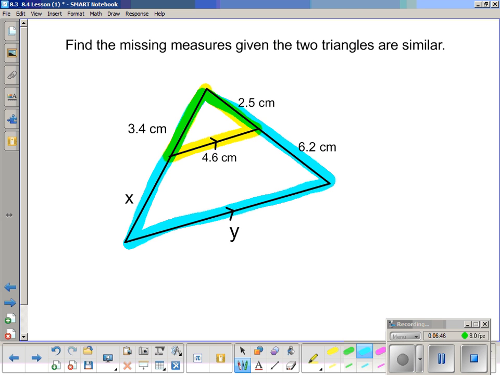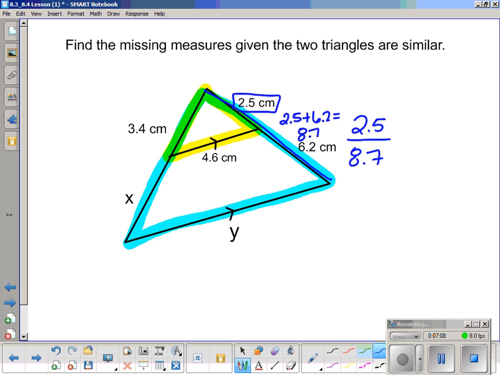Okay, so my small triangle, if I notice over here, I have the side of the small triangle, which is 2.5, and the whole side of that big triangle is going to be 2.5 plus 6.2, which equals 8.7. So my ratio that I know is 2.5 to 8.7. And let's say I wanted to find x first. I would have to do the small side of the triangle again, which is 3.4.